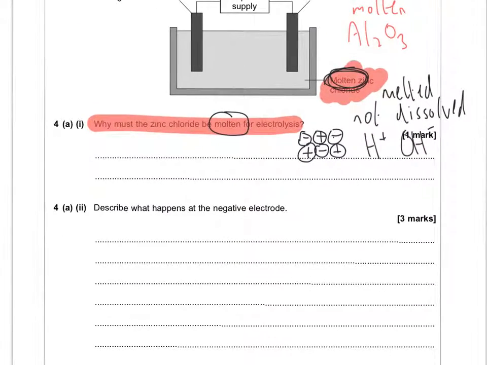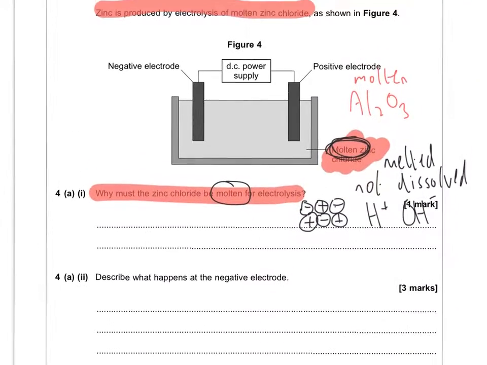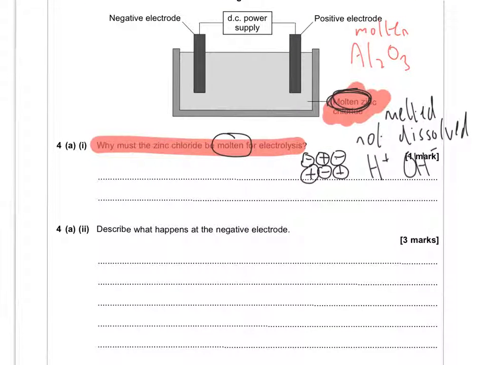Question 3, describe what happens at the negative electrode. So we've got zinc chloride. Now, first thing I would be going to here is my data sheet. Because if I don't know a lot about zinc chloride, I want to find out what ions are in zinc chloride.